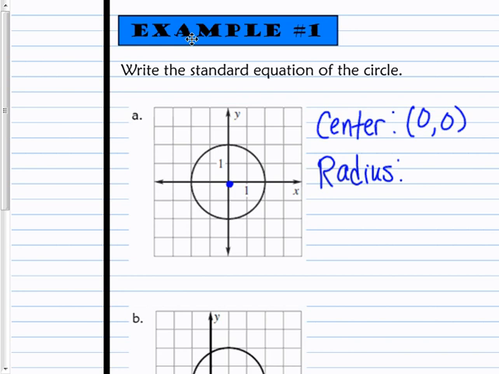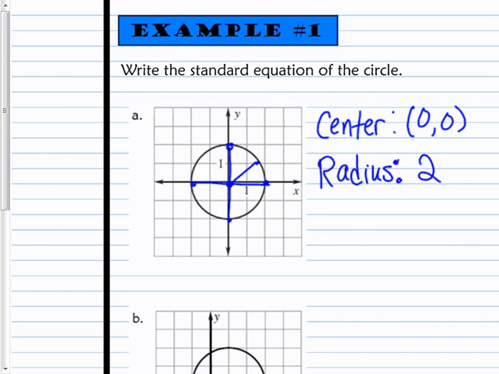The radius is the distance from the center of the circle to any point on the circle. I could use this radius or this radius, but a slanted one might be a lot harder to find since it's not a vertical or horizontal line. Looking at the graph, I can see that the radius is 2.